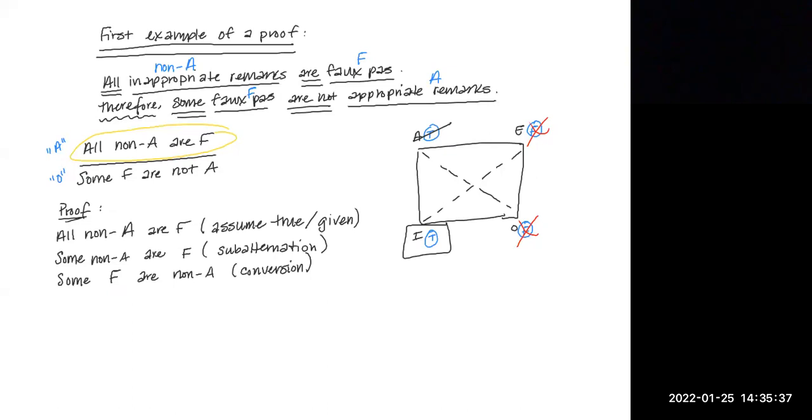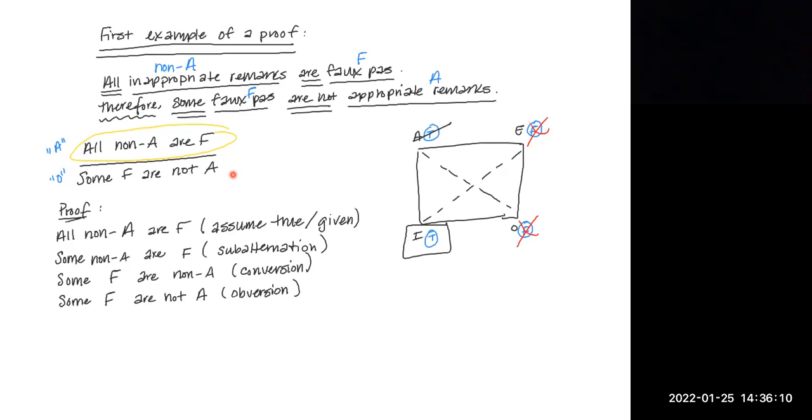If I perform obversion, it would change the some R to some R naught. It would leave the subject term F alone, and it would change the predicate term only, non-A, to A. Now it is true that some F are not A. Does that look exactly like our conclusion? Yes, it does. So the proof is complete.